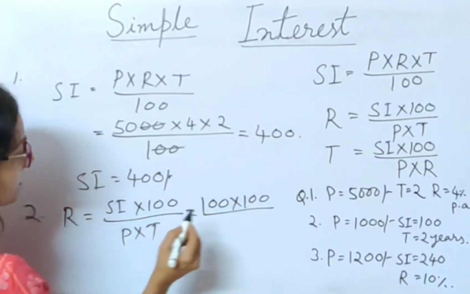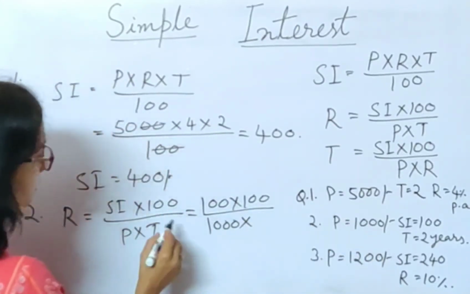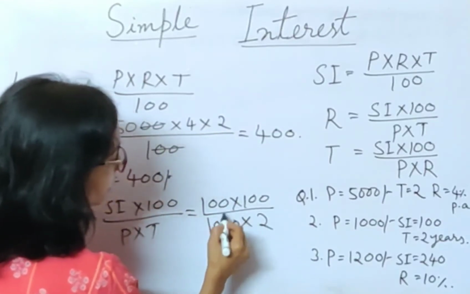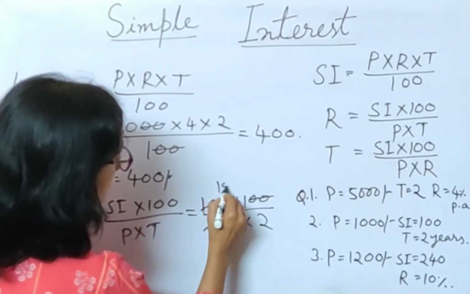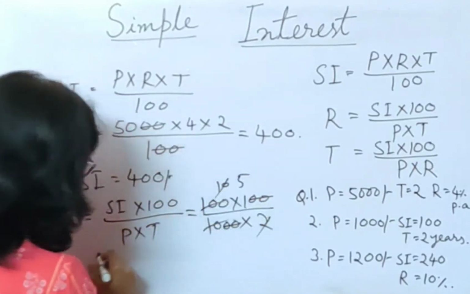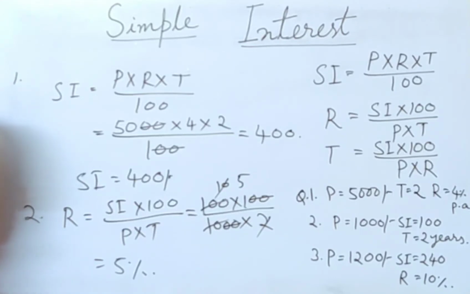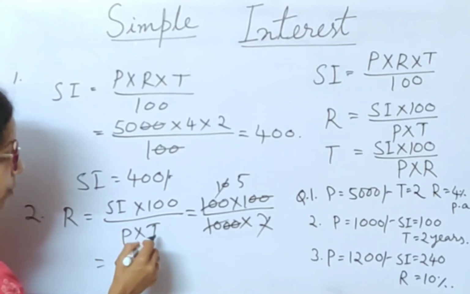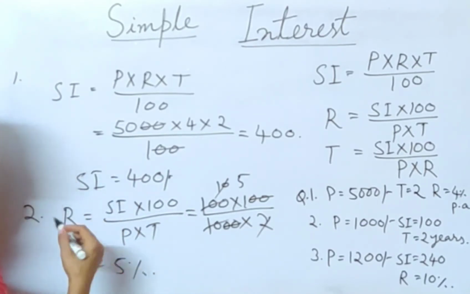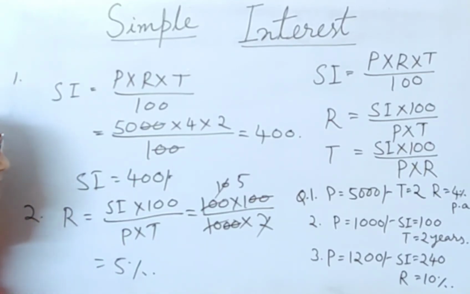By principal we have here 1,000 and time is 2 years. Now let us calculate. The zeros you can cancel. Now we found rate of interest 5%. So we knew the simple interest, the principal and the time period, but we didn't know the rate of interest, and we found it to be 5%.